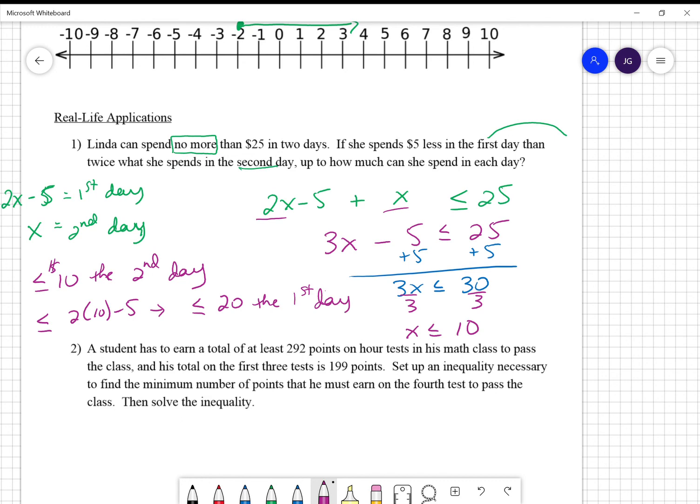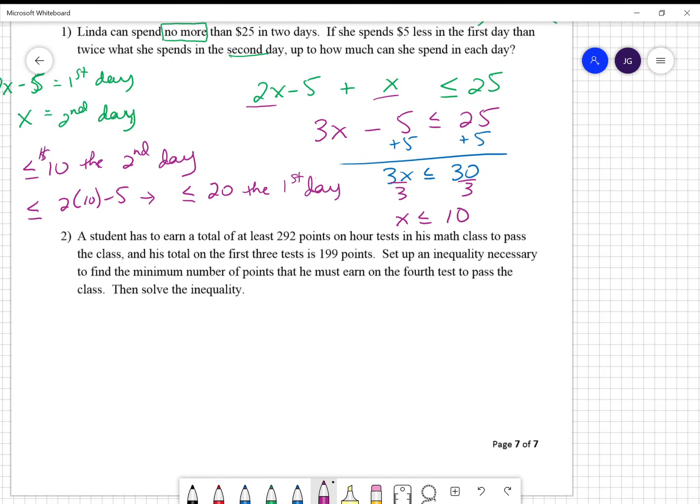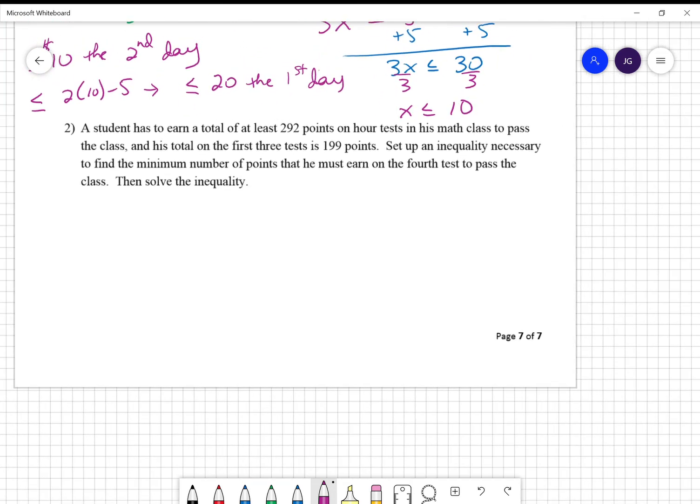So that can't be right. $5 less in the first day than twice what she spends in the second day. All right, we're going to go to the next one. I'm going to come back to that one. I want to finish this recording and I'll fix that one later.